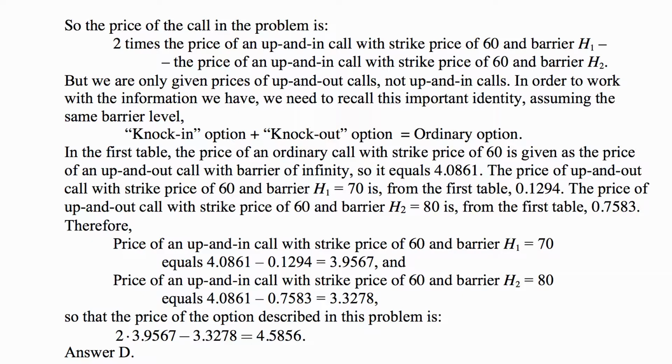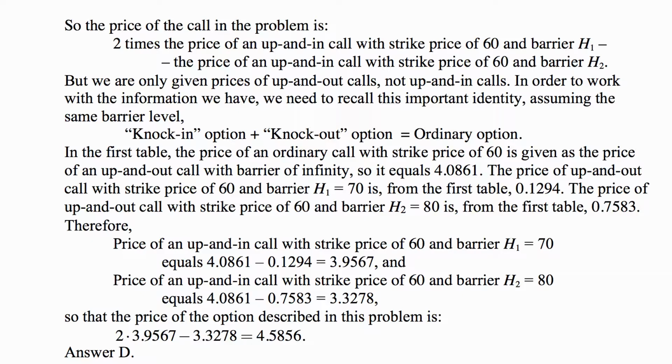The price of an up and out call with strike price of 60 and barrier H2 equal to 80 is, from the first table again, 0.7583. So the price of an up and in call with strike price of 60 and barrier H1 equal to 70 is the price of a regular call minus the up and out call, and that's 4.0861 minus 0.1294, so 3.9567.